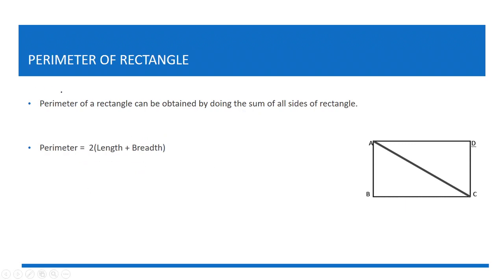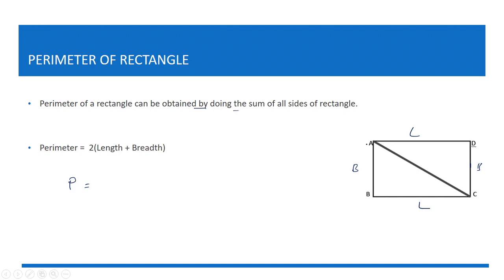Then let us see the perimeter. Already we know what the perimeter is. Let us check this out. These sides are breadth, length, breadth, and length. The perimeter of a rectangle can be obtained by adding all sides of the rectangle.